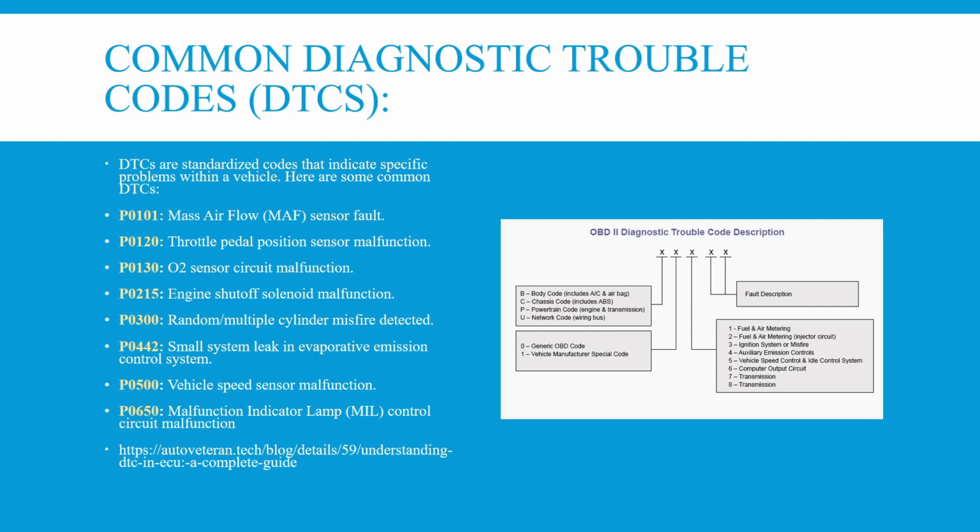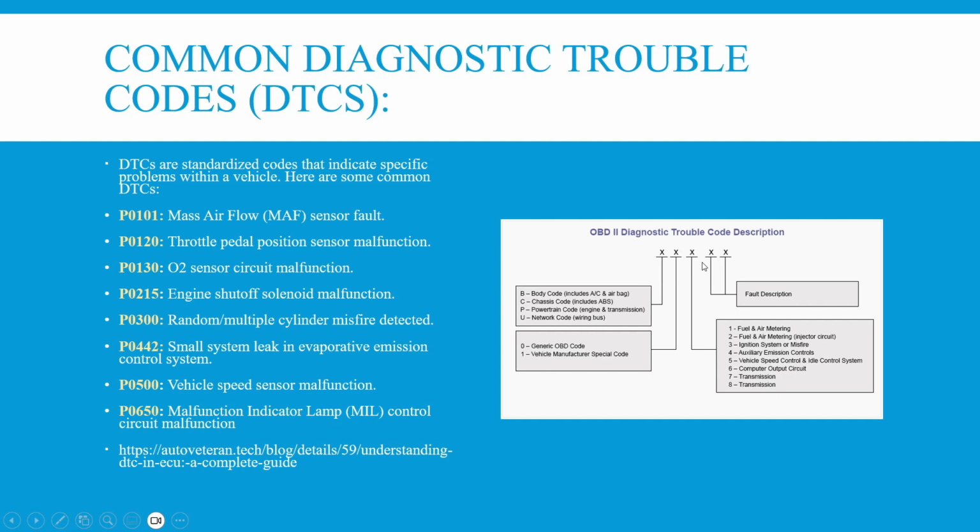This is indicated by a flag bit in the second digit with the numerical value 1. So 0 in the second digit indicates a generic standard OBD code. The 1 indicates a vehicle manufacturer specific code, which does not come under the standard OBD codes.